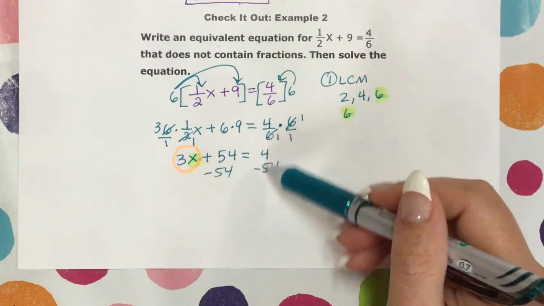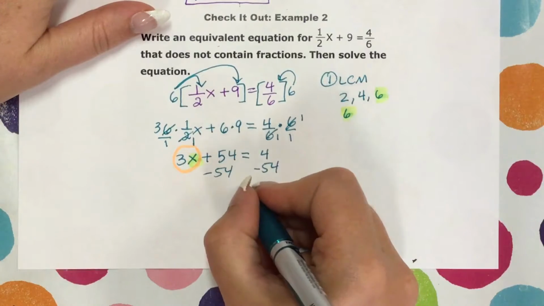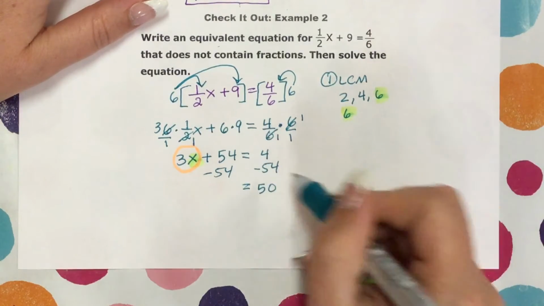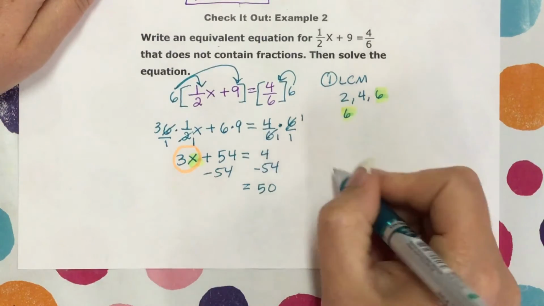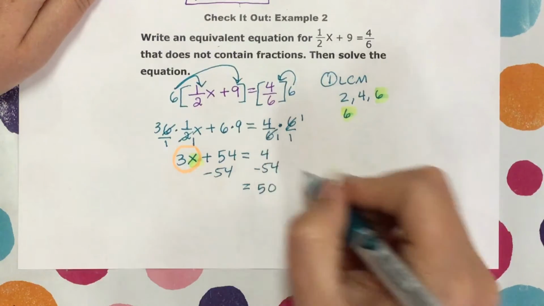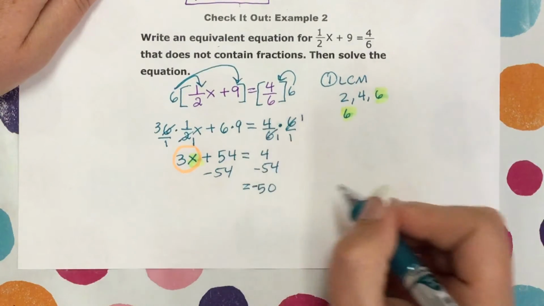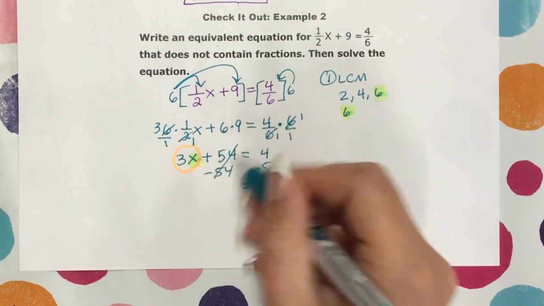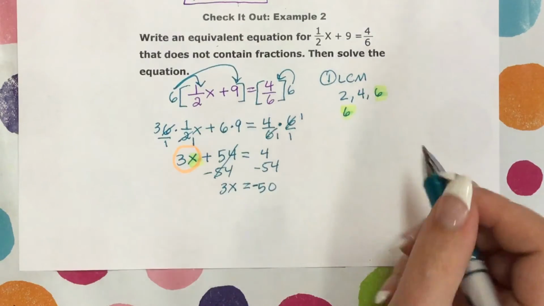That means I need to take the difference between 54 and 4, and I know that the difference is just 50. Then I look to see if it's a positive 50 or a negative 50. Since 54 is bigger than 4, and 54 is negative, my answer is going to be negative. Okay, so positive 54 and negative 54, they cancel. I drop down the 3x here.